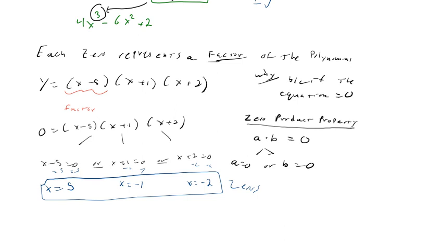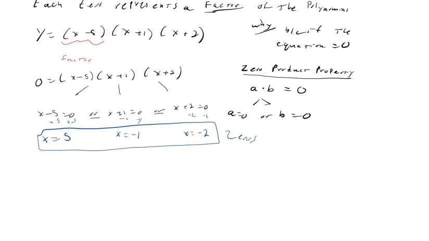And this means when I graph my equation, I'm going to have negative 1, negative 2, and 5. These are going to be the 3 places where my graph is going to cross the axis. It's going to look like that.